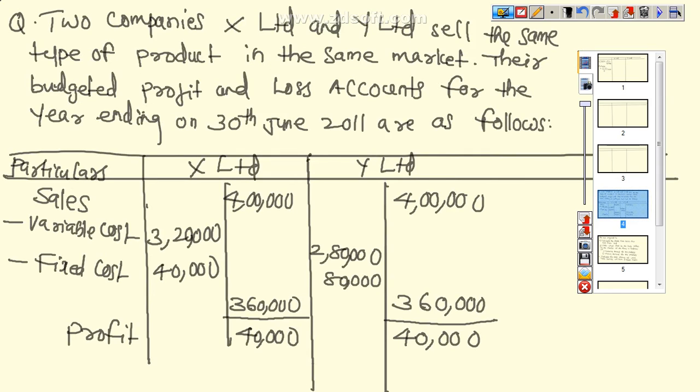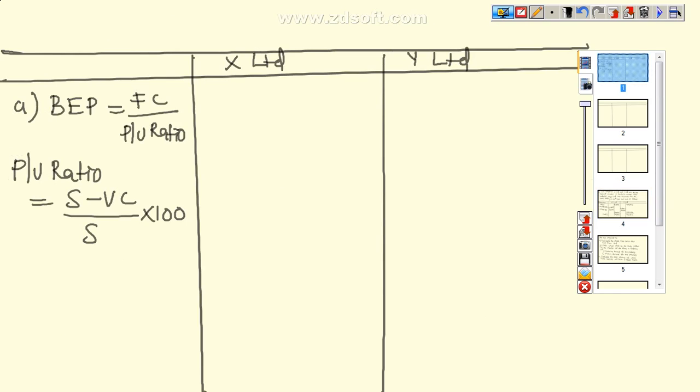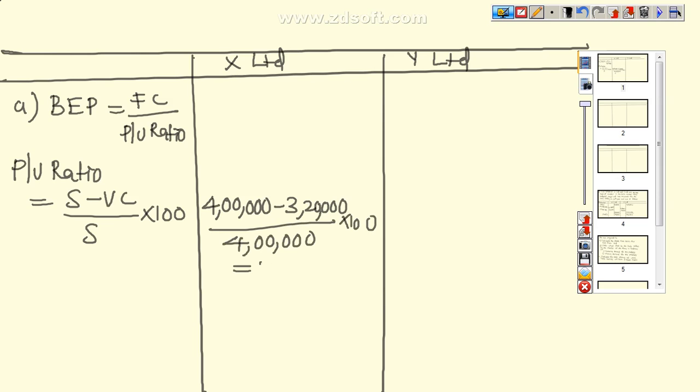Here sale value is same for both the companies, and in case of X variable cost is 3,20,000, so we write here 4 lakh minus 3,20,000 upon 4 lakh into 100, that is equal to 20%.